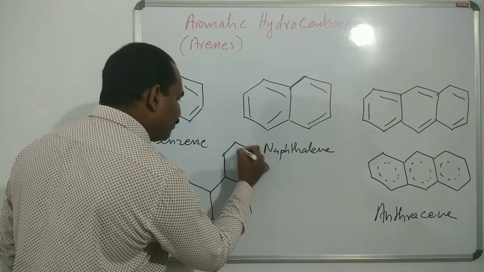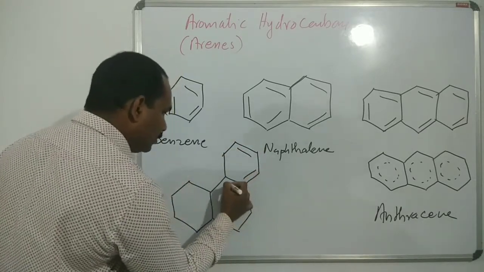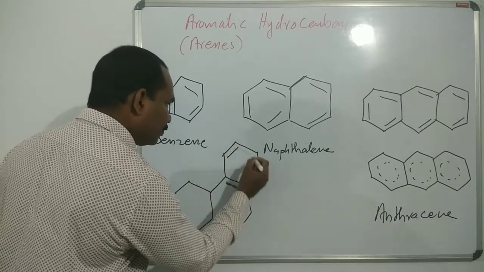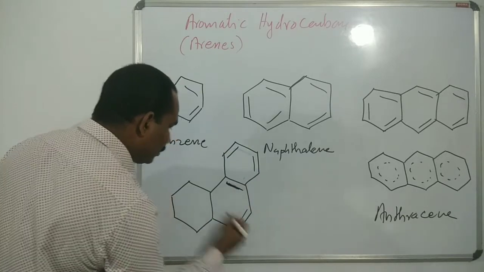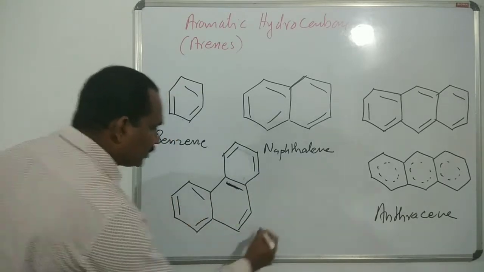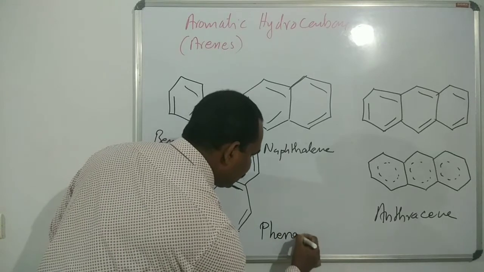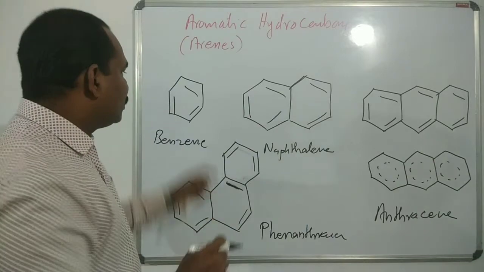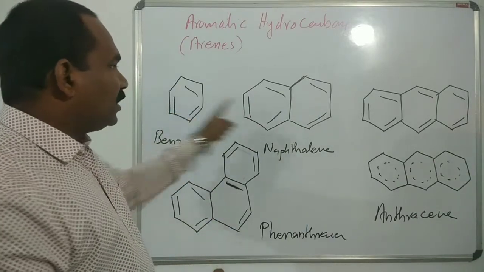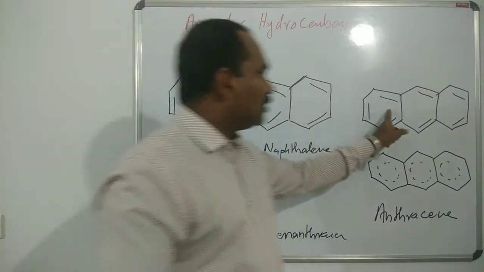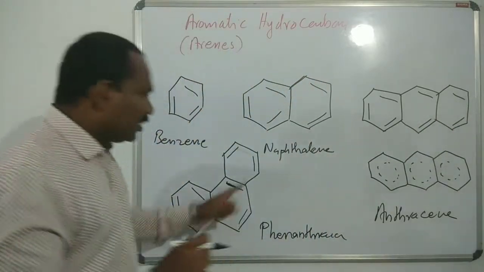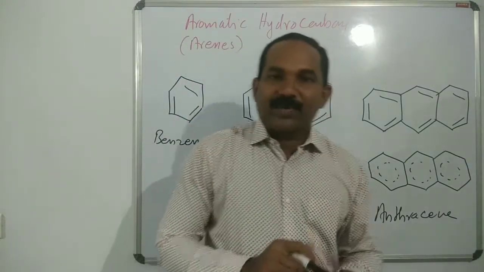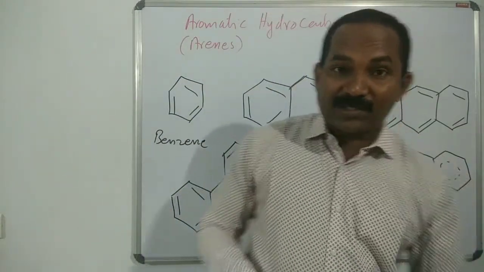It is called phenanthracene. One benzene ring is benzene, two benzene rings is naphthalene, three benzene rings is anthracene. Phenanthracene is its isomer.